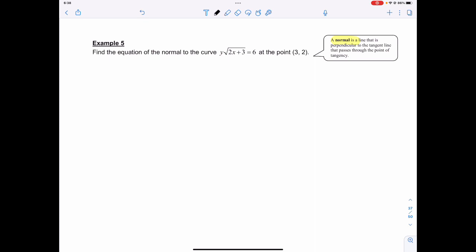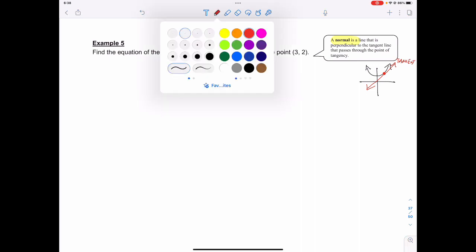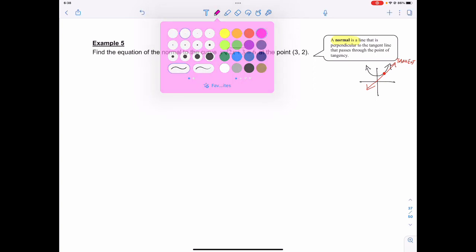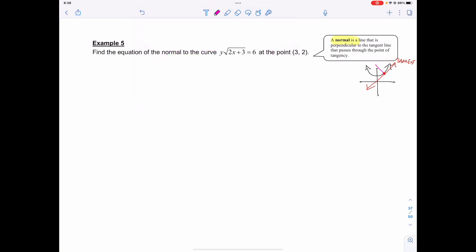So if I had a quadratic and I had my tangent, then my normal would be perpendicular to that, at the same point.